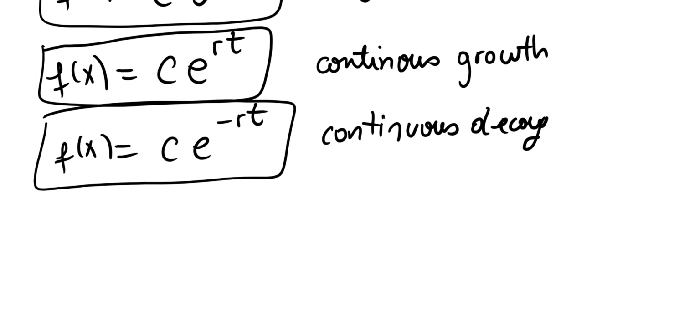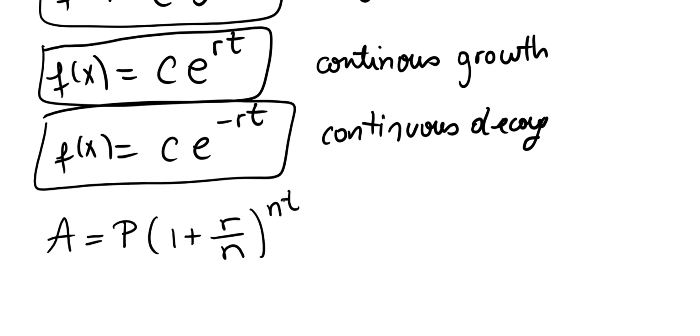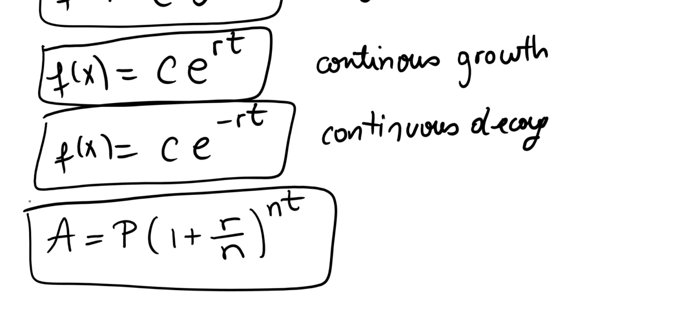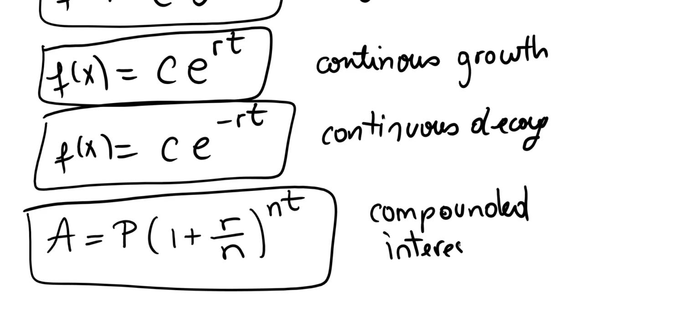We also had some of the financial ones. So another formula that you need to remember is this one. I might give it to you during the exam, during the midterm. So another one was A equals the principal times 1 plus the rate over n to the nt. And this was the compounded interest formula.